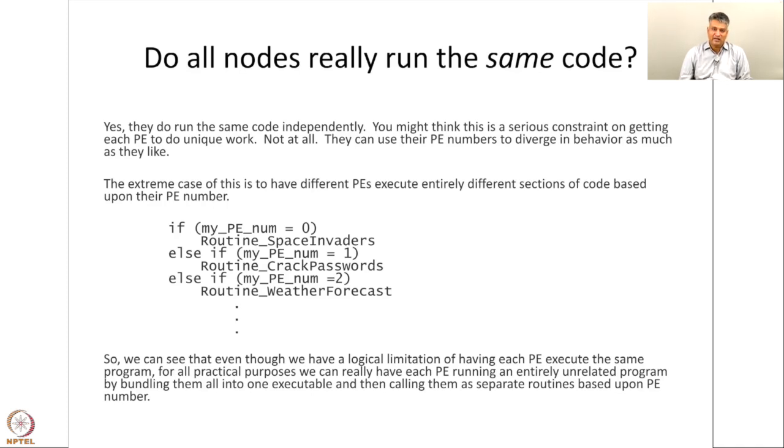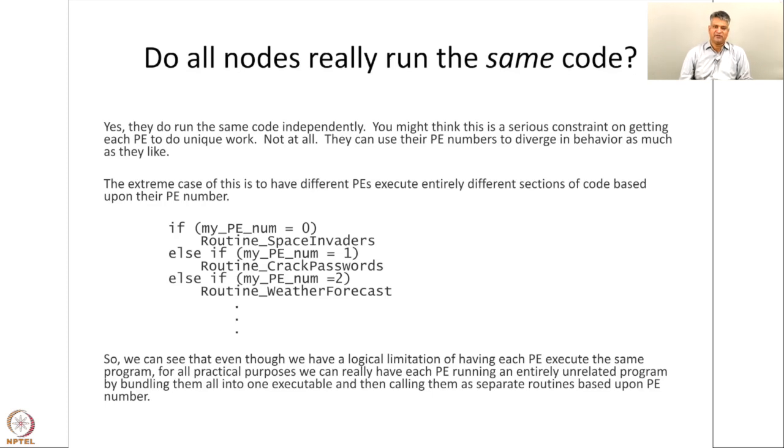You can also have extreme control and ask different process IDs to execute different bits of code. For example, if I put an if condition like, if my process ID is 0, please call the routine Space Invaders. If my process ID is 1, please call the routine crack passwords. If my process ID is 2, please call the routine weather forecast.